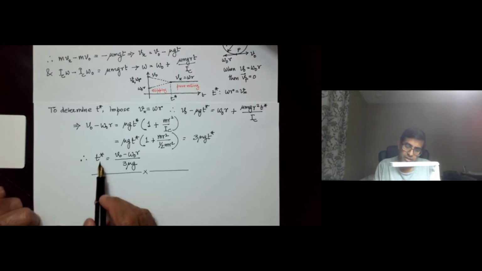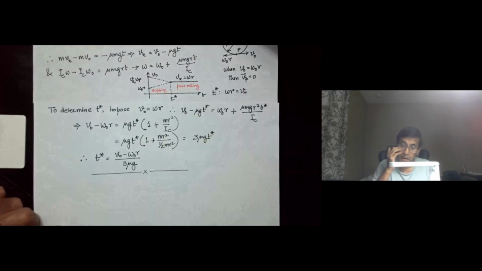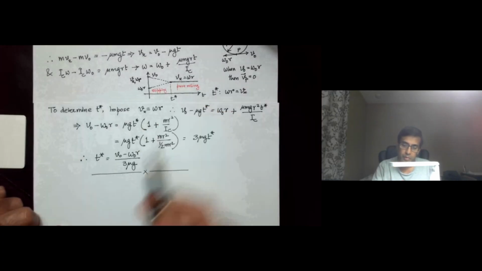So one question that comes up is that t star is the time when the velocity becomes equal to omega r. What is the velocity at this point?